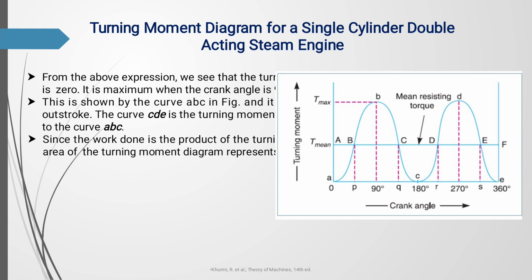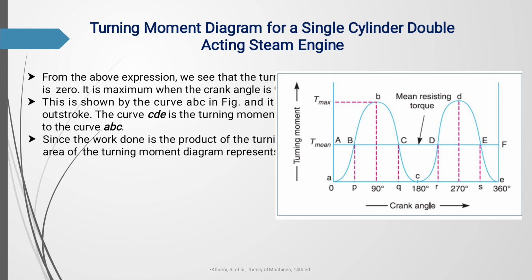So the torque is maximum at the angle of 90 degrees and again falls to zero when the crank reaches 180 degrees. Again this is shown by the curve ABC. Clearly you see the figure ABC. A, B, C represents 0 to 180 degrees.